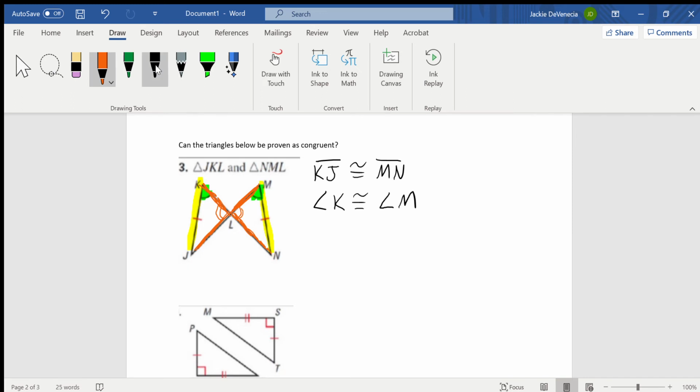So what we know about vertical angles is that they're also congruent. So even though they didn't give us those little curves or lines, just by looking at the way they're attached, we can also find congruent angles. So we have KLJ, that angle is going to be congruent with MLN. And the reason why is because they're vertical angles. This only happens when you have triangles that are attached to each other.